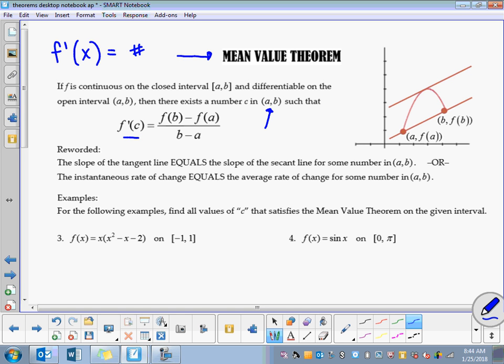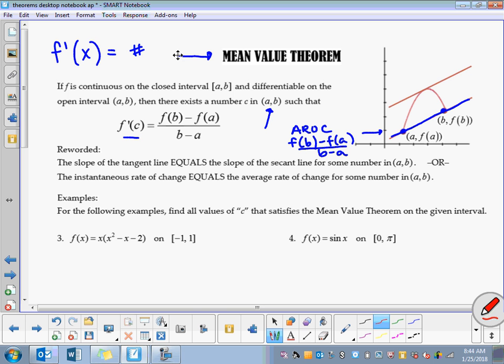And the thing that f prime is going to equal is the slope between two numbers. What I'm showing you over here is if we have 2 points A and B, and we calculate that slope, the average rate of change, f of B minus f of A over B minus A, whatever number we get.